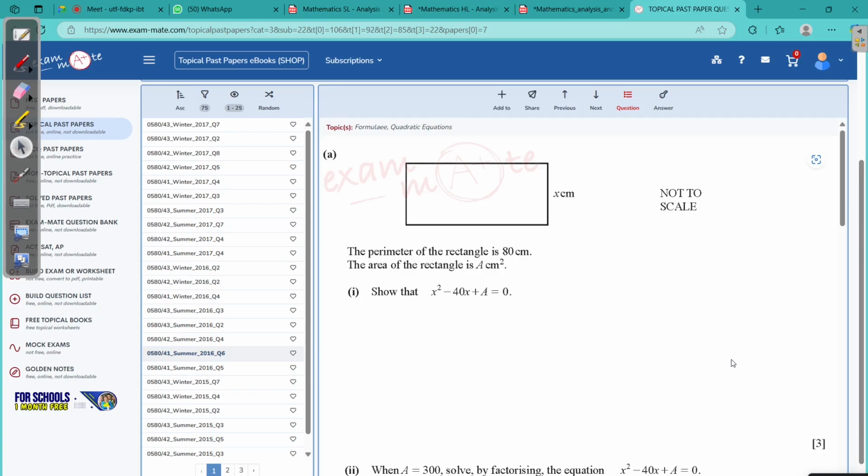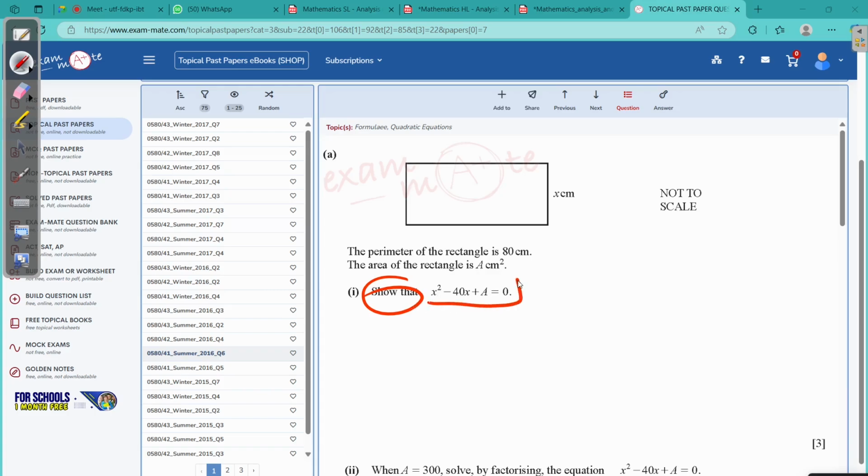So show that x squared minus 40x plus 400. Okay, so you need to do the quadratic, like factorize or something. See, you don't have to solve this. Why are you factorizing? Do you think that you have to solve this? No, you have to show this.